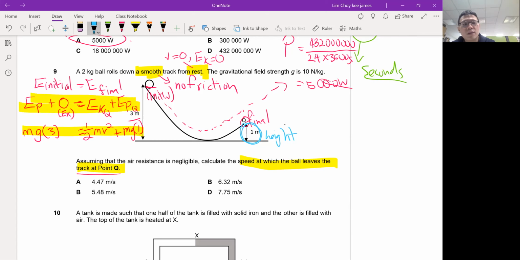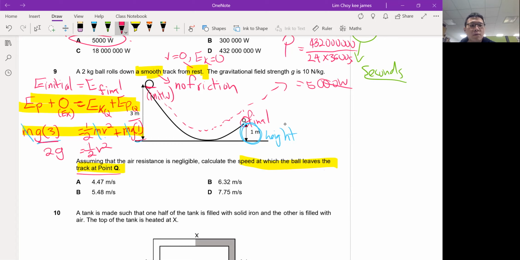Now it looks daunting, but it's actually quite simple, because the mass is constant, so I can eliminate the mass. I don't need the mass. I'm left with 3g, half v square and 1g. So effectively, I can do a simple manipulation: 3g minus 1g, so I will get 2g equals half v square.